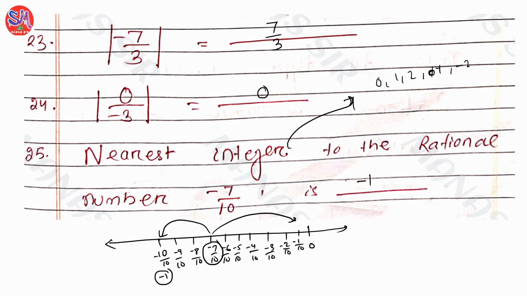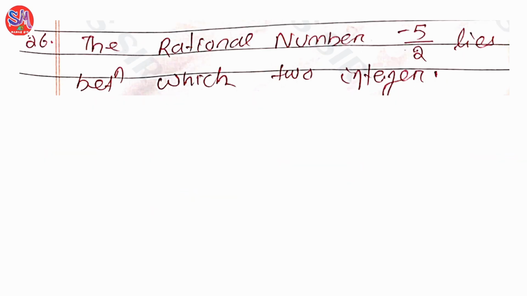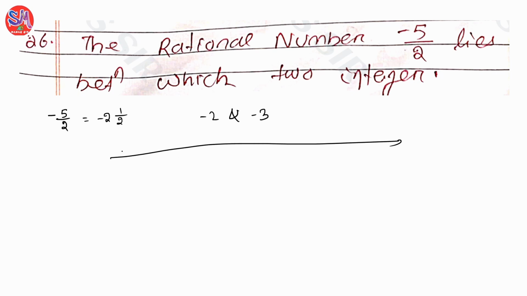Okay. Next. The rational number minus 5 by 2 lies between which two integers? Simply, first tell me, minus 5 by 2 we can write as minus 2 whole 1 by 2. Now between which two integers? That is minus 2 and minus 3. Or you can draw the number line and find the answer.